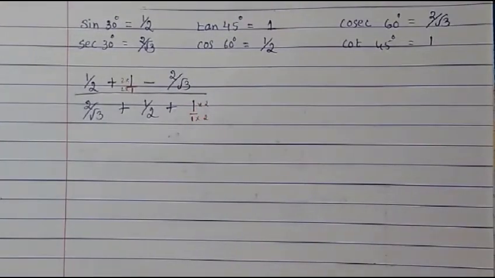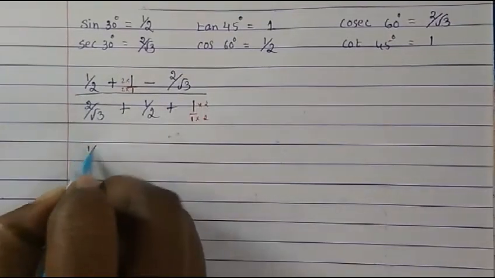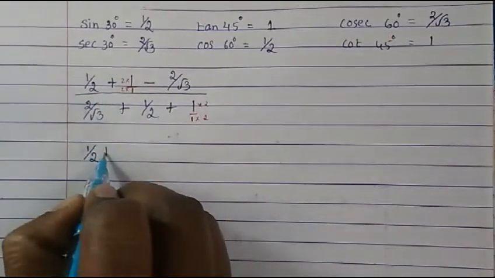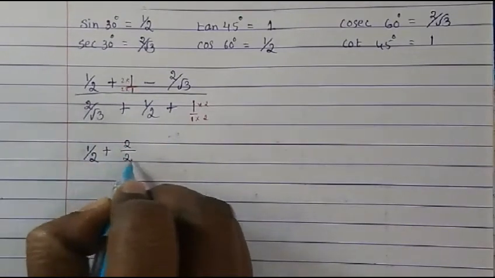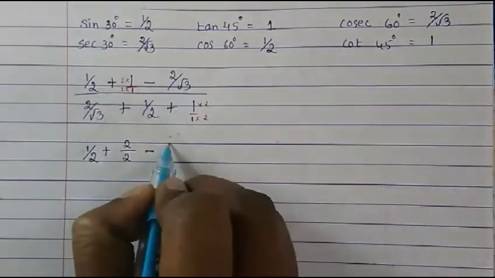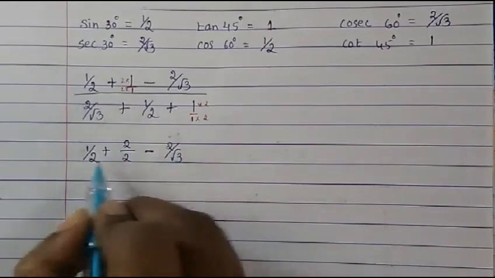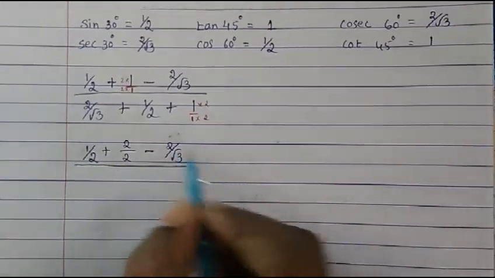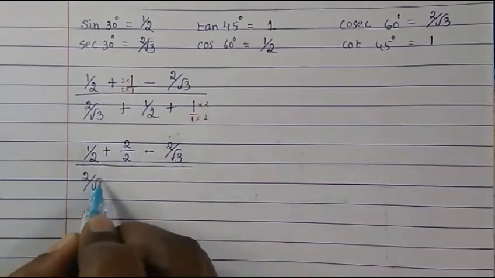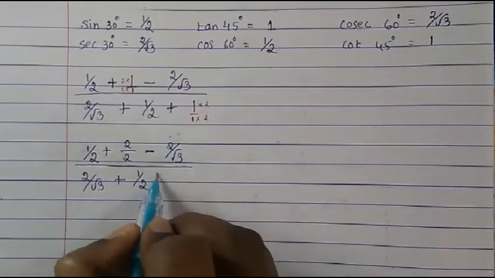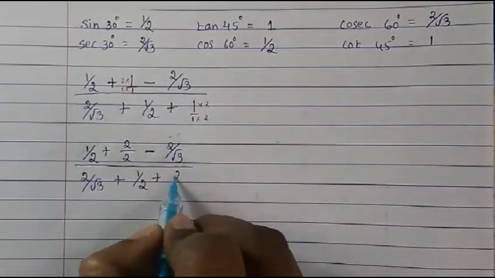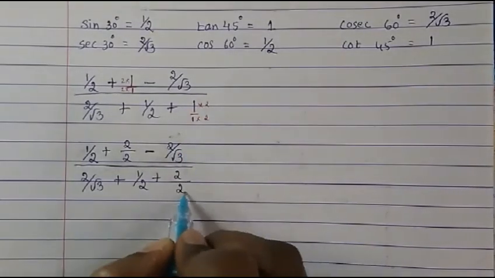Okay. So let's write 1 upon 2 plus, when we multiply, 2 upon 2 minus 2 upon root 3. Here 2 upon root 3 plus 1 upon 2 plus 1 into 2, 2.